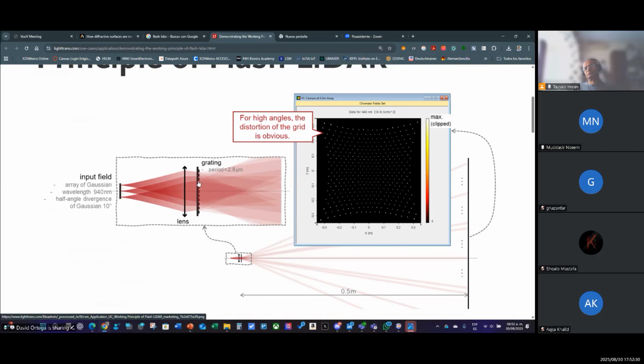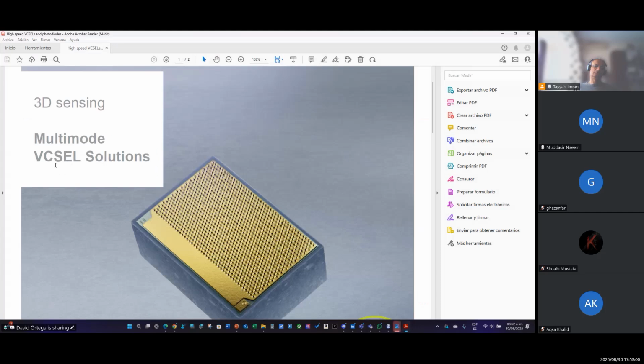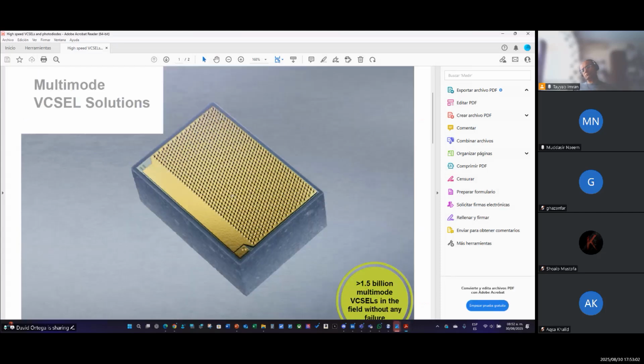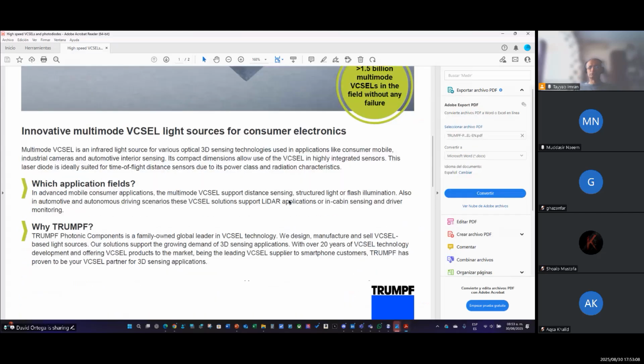Instead of having a diffraction grating with a pattern, I was going to try to simulate an array of Gaussian beams, and then only a simple diffraction grating, so we have a pattern similar to what I was trying to achieve. But in this case, it's for a VCSEL array of Gaussians. Some vendors have this multimode VCSEL solution that is an array of laser diodes.